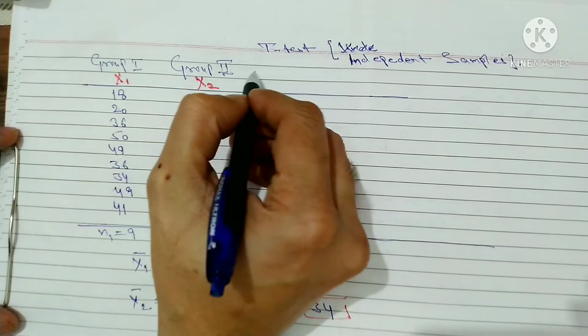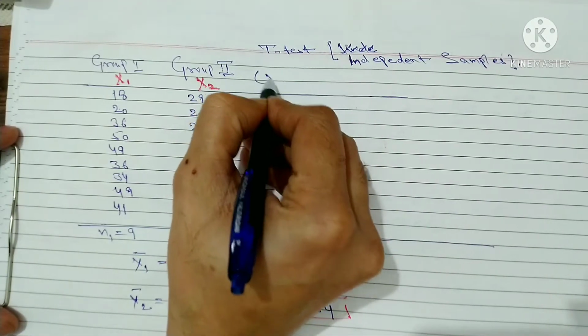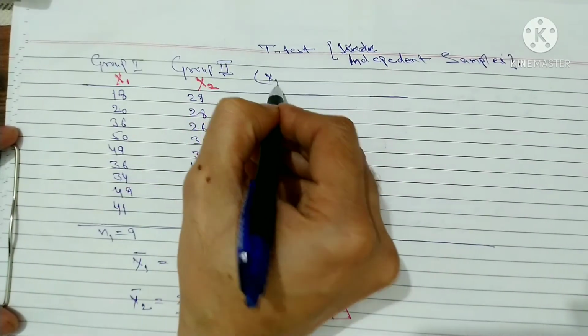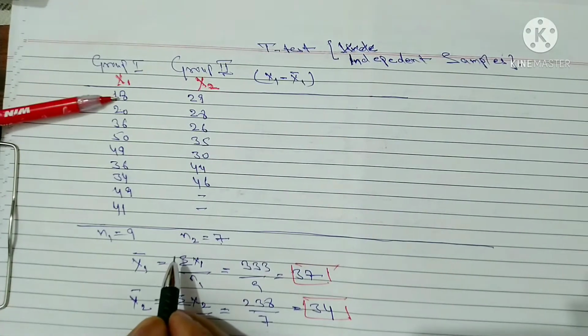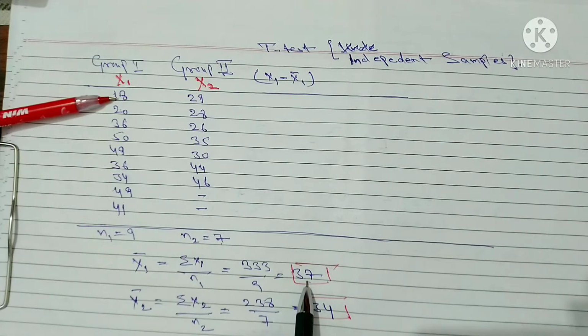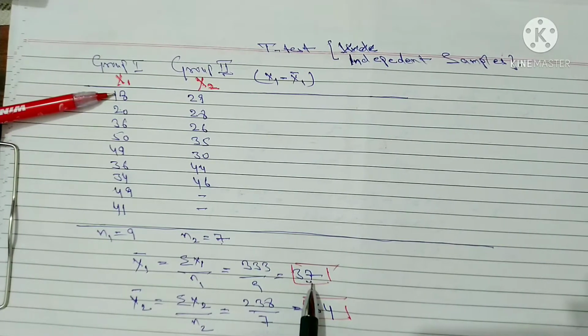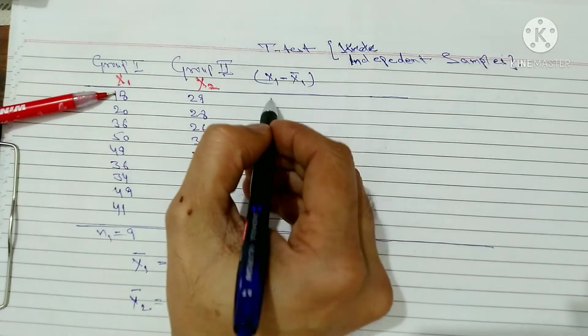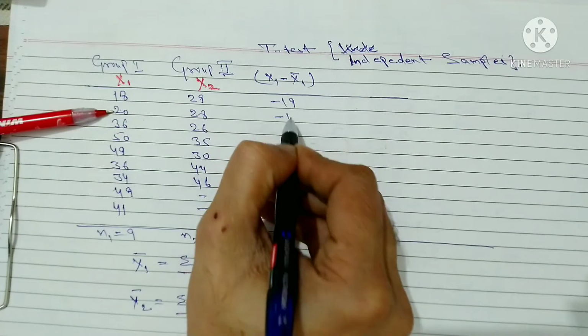So next is calculate deviation from mean. Means x1 minus 37, elements of x1 minus 37. 18 minus 37 is minus 19. 20 minus 37 is minus 17.